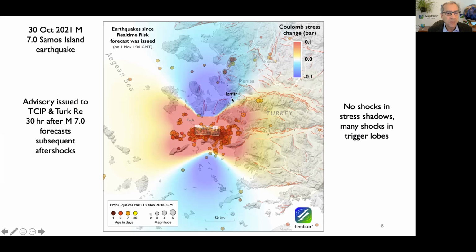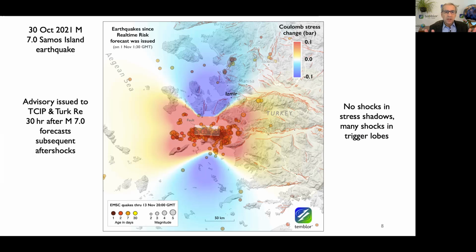We sent an advisory to the Turkish authorities 30 hours after that earthquake, saying that because the stress trigger zone is here, this kind of bow tie pattern, and that Izmir lies in a stress shadow, Izmir would not be the site of large aftershocks. This turned out to be true. There were no large aftershocks in Izmir from the time this alert was submitted until today. And as a result, the claims activity in Izmir was less than was expected.